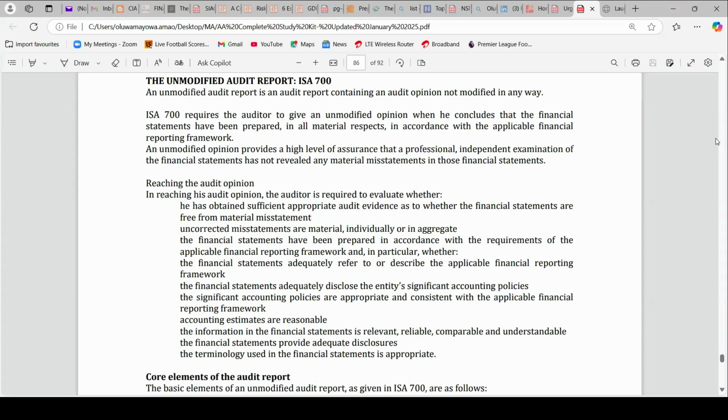Number one, there should be public seminars and forums whereby enlightenment will be given on what the work of the auditor is. Regulatory bodies, national bodies should carry out more public seminars, more enlightenment programs to enlighten the public about the work of the auditor.